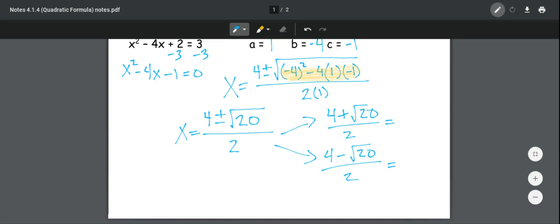So if I add 4 and then divide by 2, I get 4.236. And then 4 minus the square root of 20 divided by 2, I get negative 0.236. So those are my 2 x values.